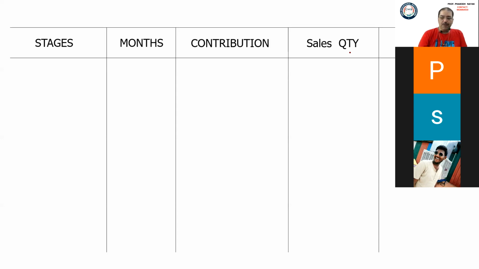Now the problem is literally coming to an end. Hardly any time is there. All the data that we have collected, we have to put it here. So I write first one, introduction stage.